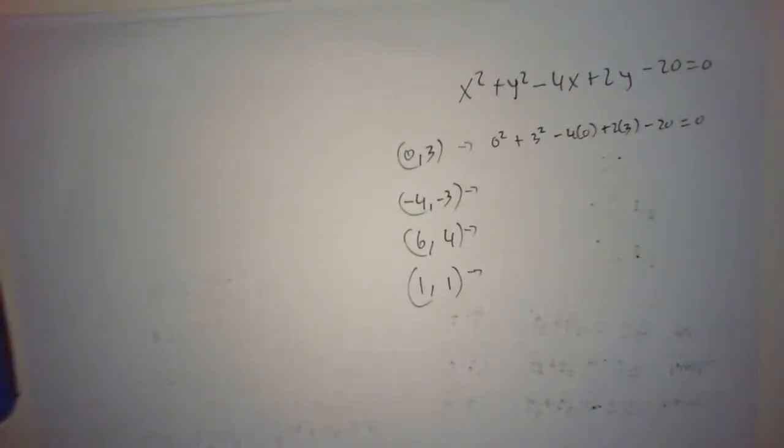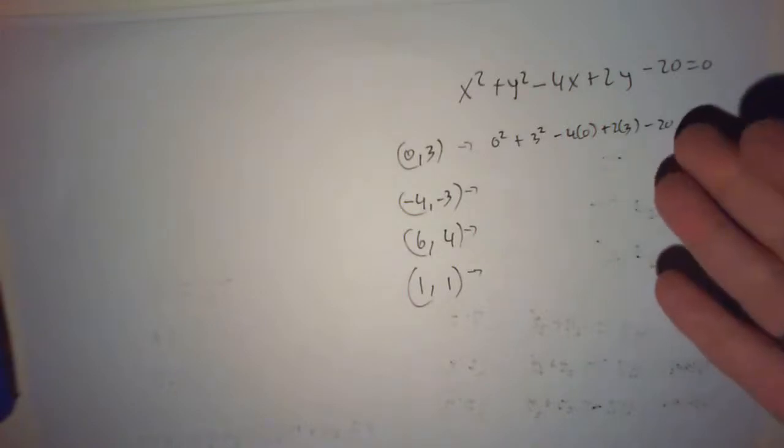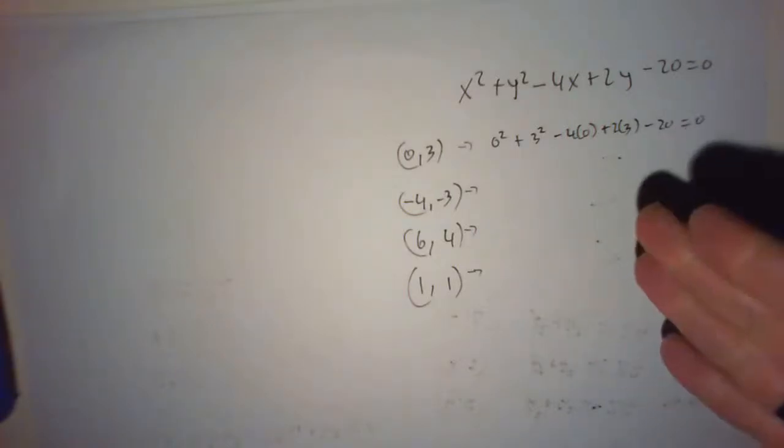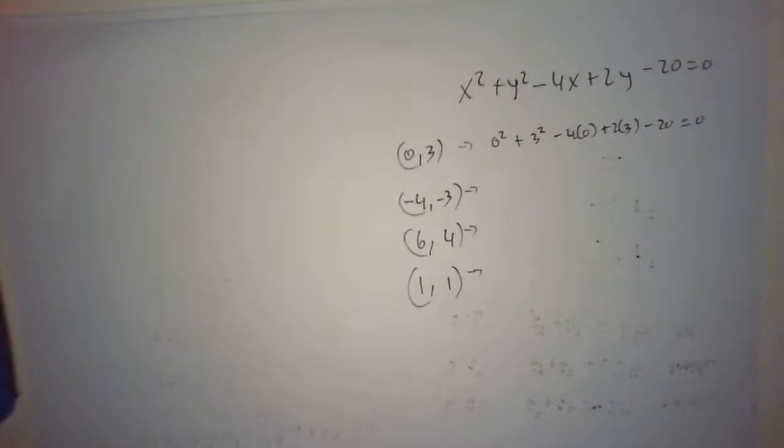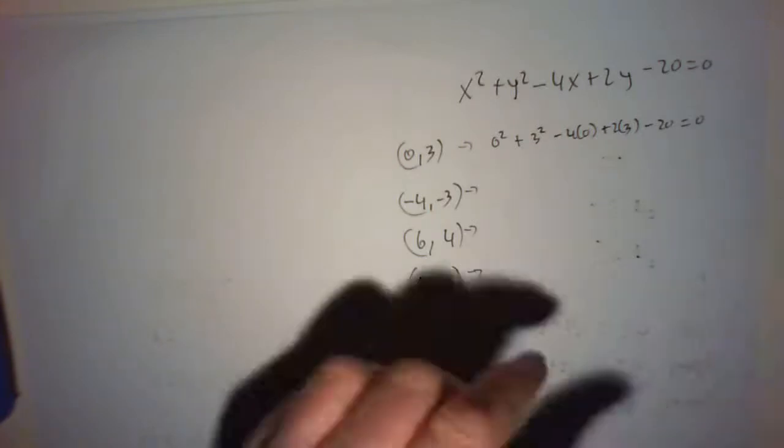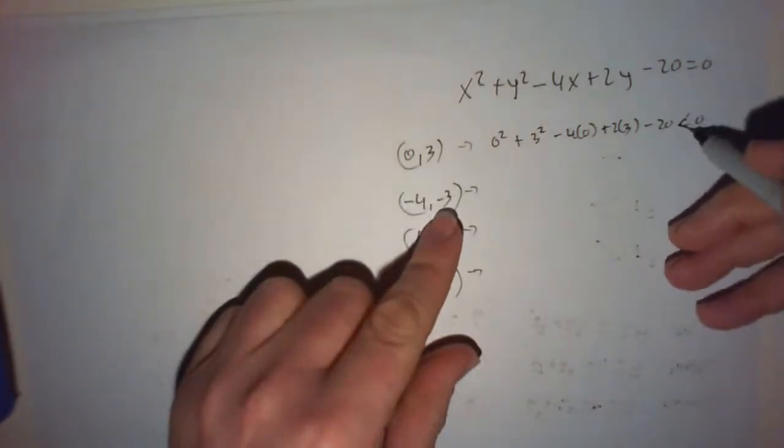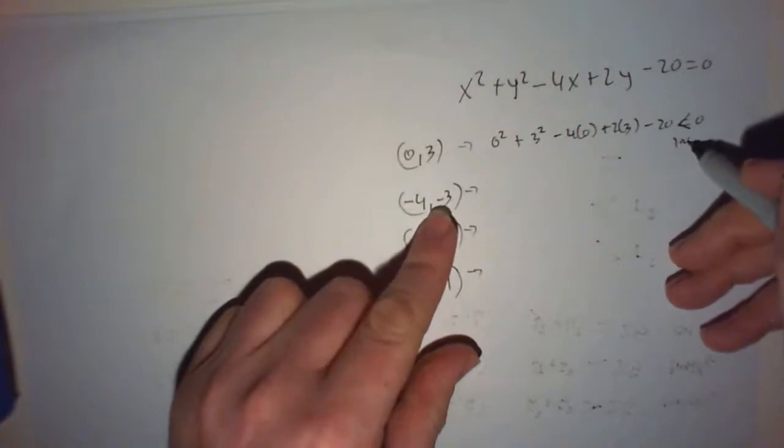That's really what you're asking. So if it's greater than 0, it's outside. If it's less than 0, it's inside. If it's equal to 0, it's on. So this is less than 0, so it's inside.